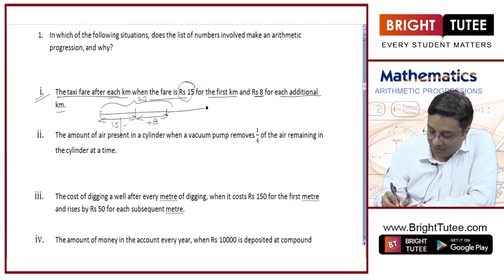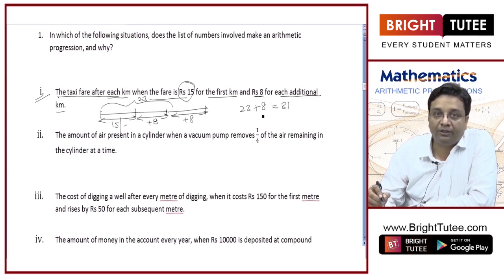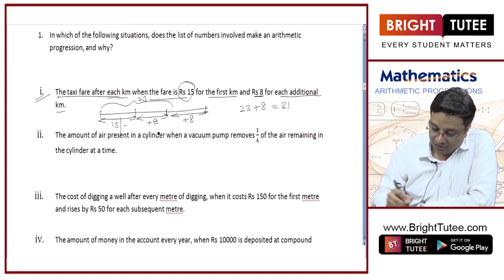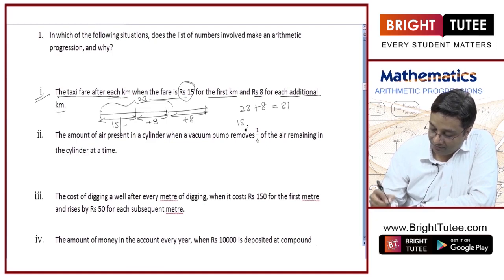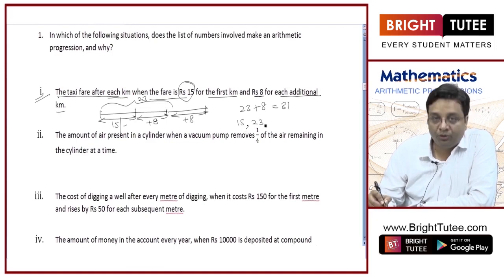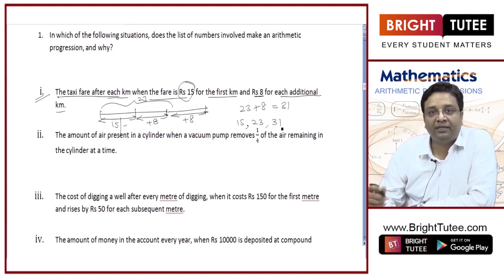And if you travel the third kilometer also, you will give additional 8. So the total would become 23 plus 8, 31 rupees. So if you notice this sequence, this goes 15 for the first kilometer, 23 for up to 2 kilometers, and if you travel 3 kilometers, you will pay 31 rupees.